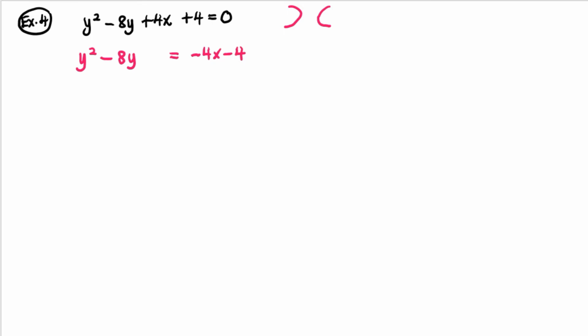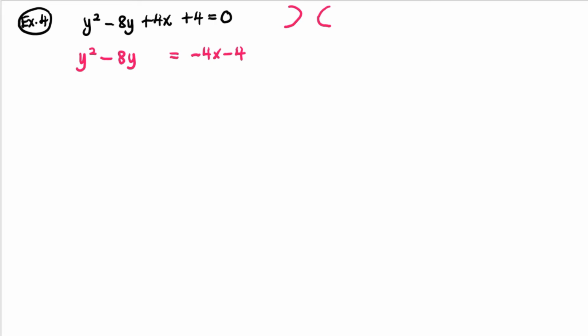Now I want to factorize the left side, because I want to write (y minus k) squared. So I have to find a constant to add so that it can be factorized into that form.